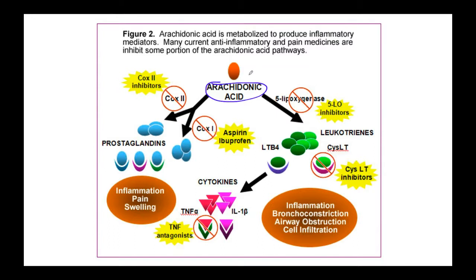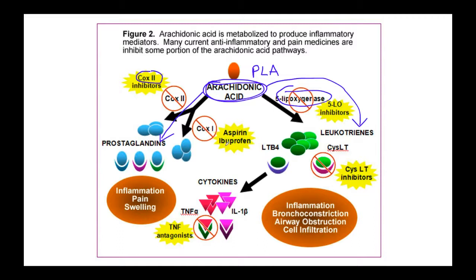Bradykinin is going to stimulate something called phospholipase A. Phospholipase A is going to pull arachidonic acid out of the cell membrane. And now we have these COX enzymes that convert arachidonic acid into prostaglandin. Or we have LOX enzymes that convert arachidonic acid into leukotrienes, two inflammatory pathways.